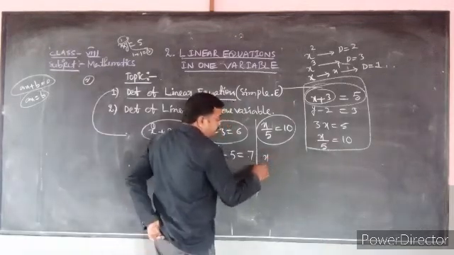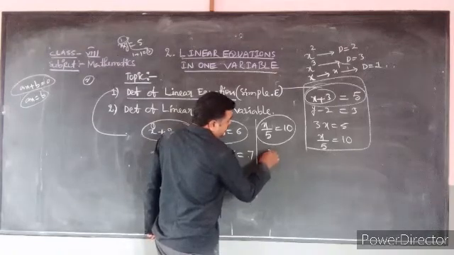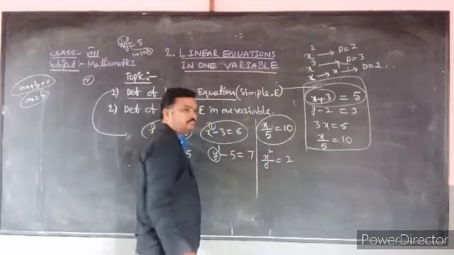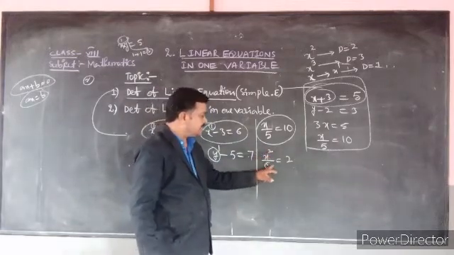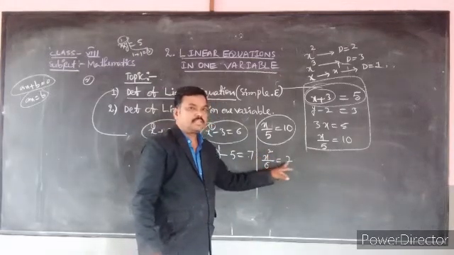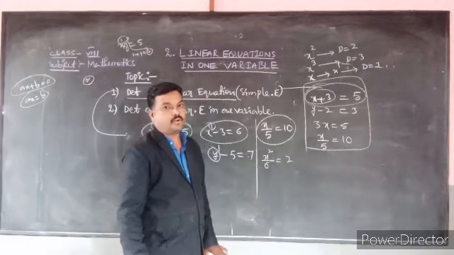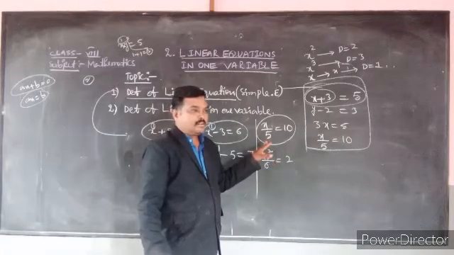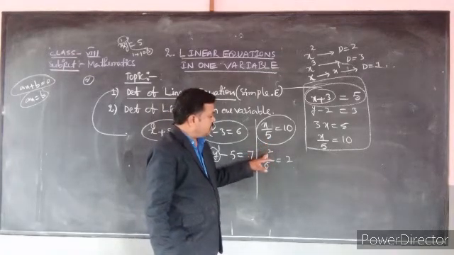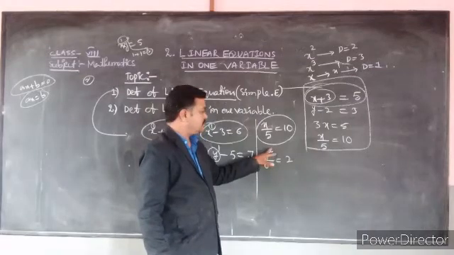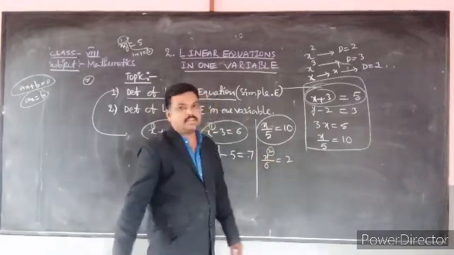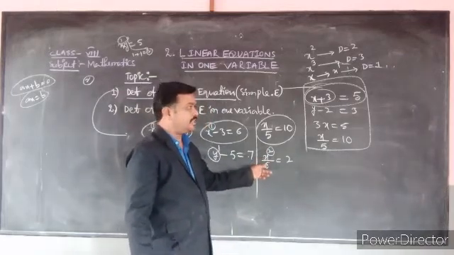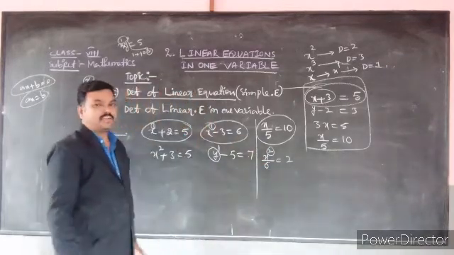What about this? x squared by 6 is equal to 2. Is this a linear equation? No. This is not a linear equation in one variable, because the degree is 2. First of all, this is not a linear equation, but only one variable is there. We are thinking of a linear equation in one variable.